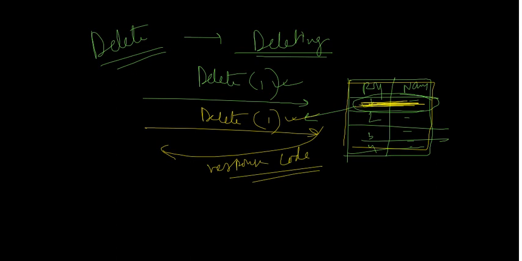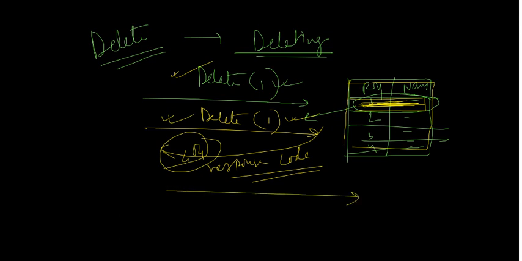So for the first time when you call delete, it will be deleted, and from the second time when you call delete, no changes will be done in the database. Only a response code of 404 or something like this, file not found, will come. So you can call the delete operation multiple times, but the database instance will not be changed. Means the data in the database will not change.